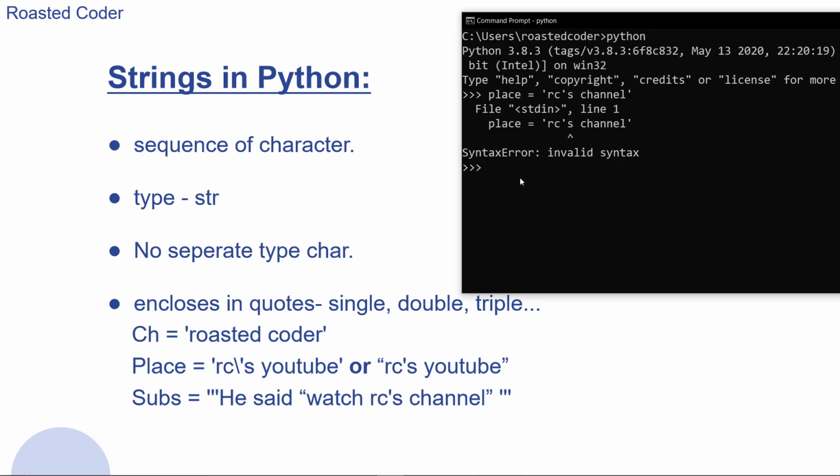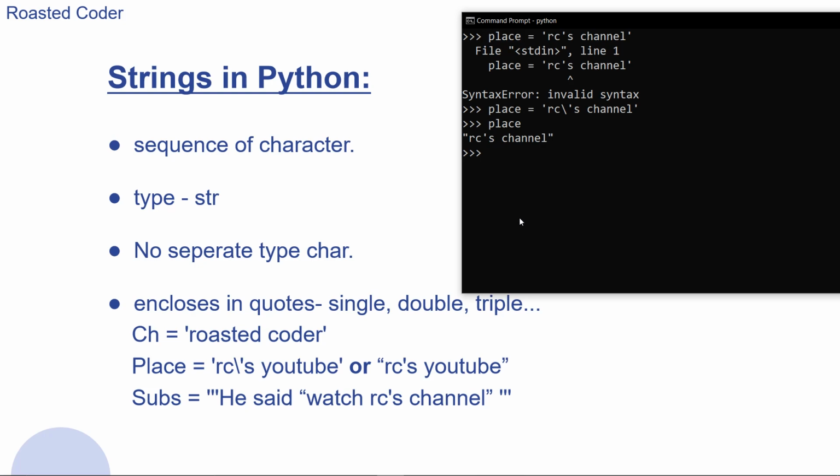Now if we use backslash single quote, it will run fine, and you can see it's printing as you want. In place of writing backslash single quote, we can choose to have a double quote outside the string, and it will result as you want.